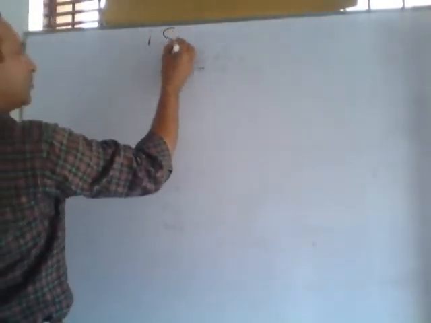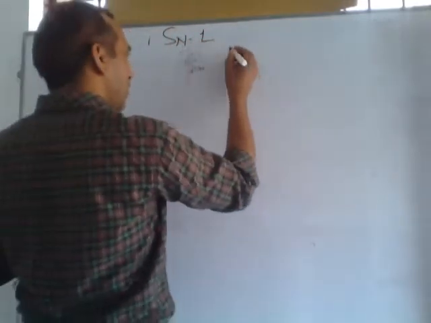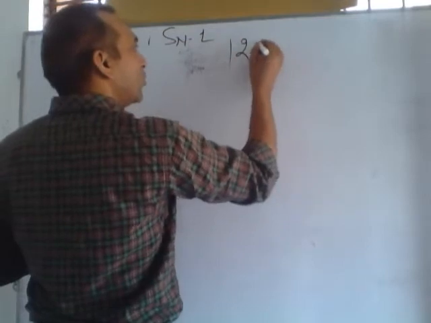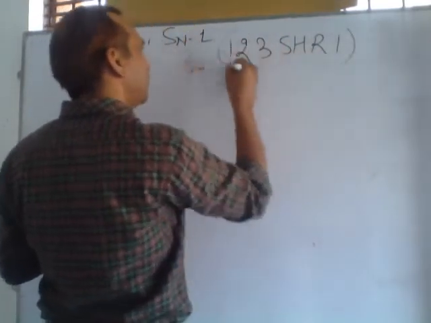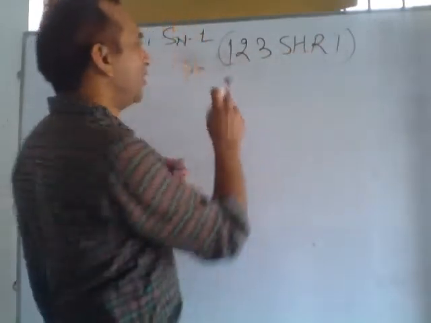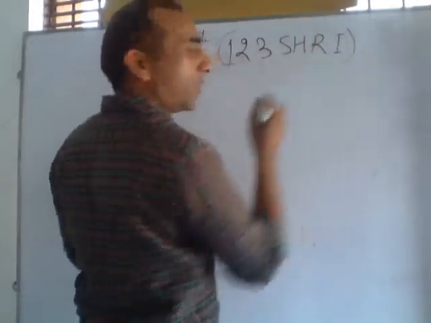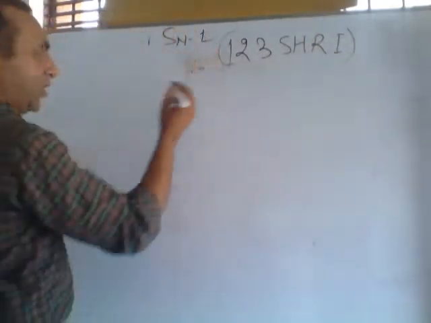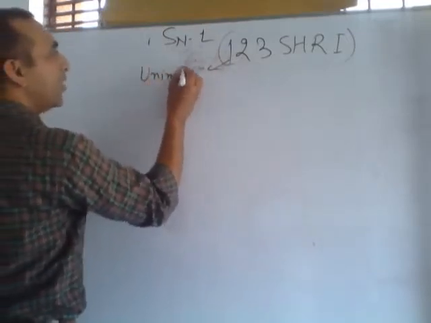SN1 and SN2. Suppose SN1. The trick is 1, 2, 3, SHRI3. Simple. 1, 2, 3 SHRI3. There are 7 different points. And 1 means unimolecular.